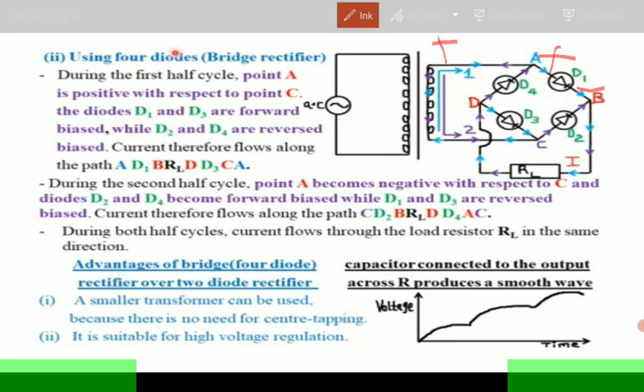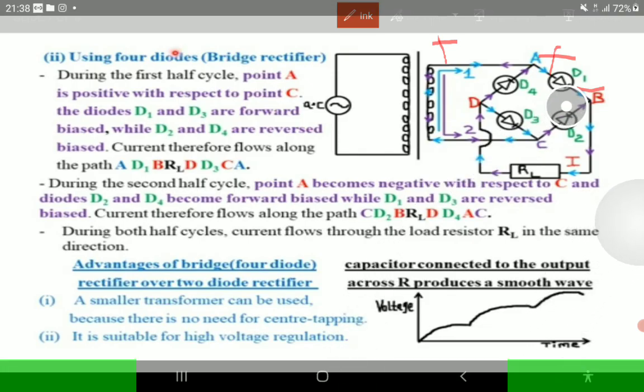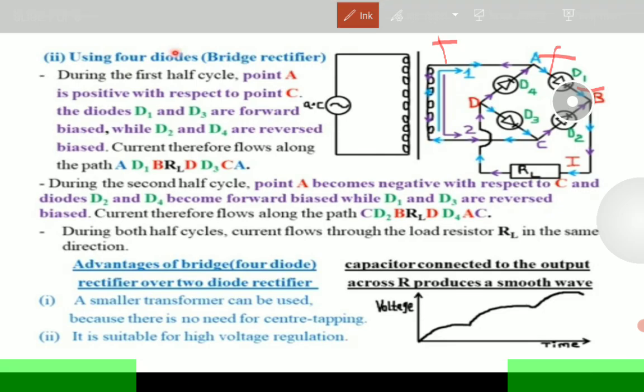But upon reaching point B, it cannot proceed to diode 2. Diode 2 will block it because this is negative with respect to the voltage source. This is negative and reverse biased, so D2 will not conduct.